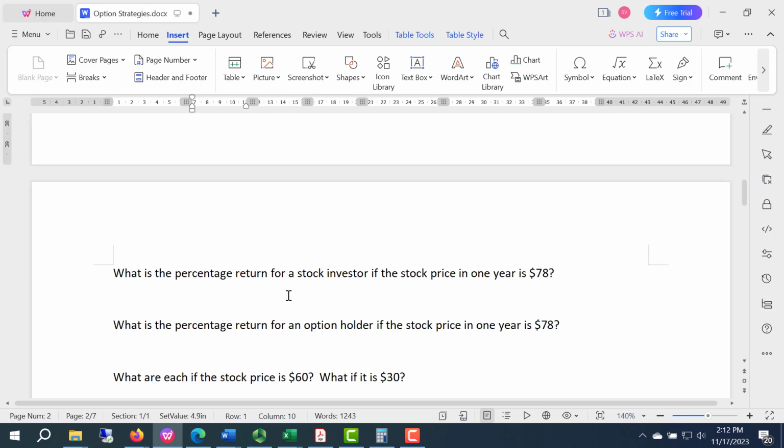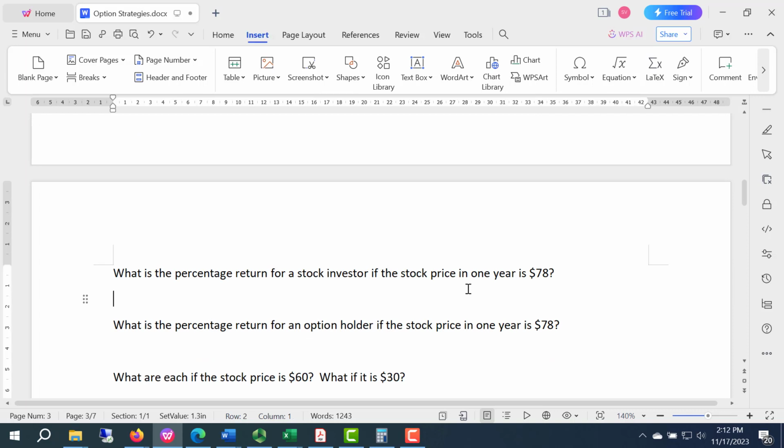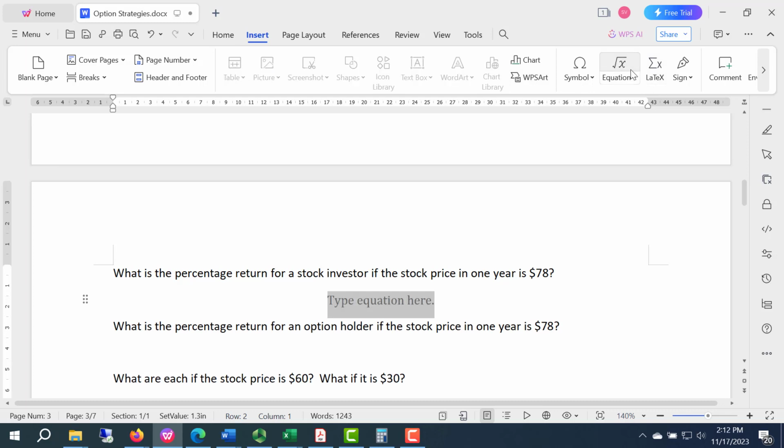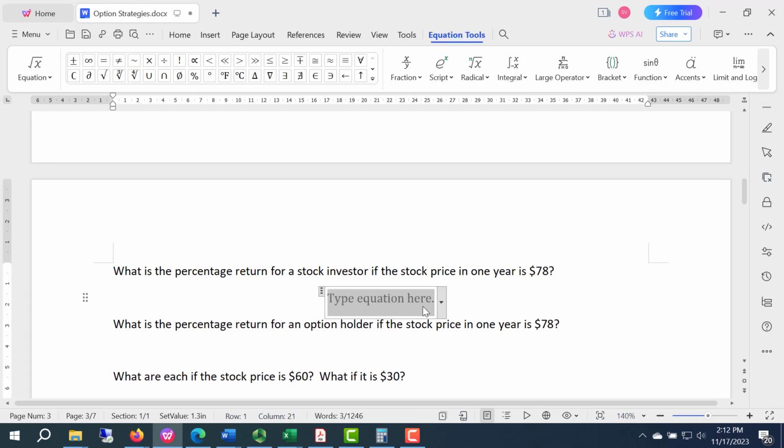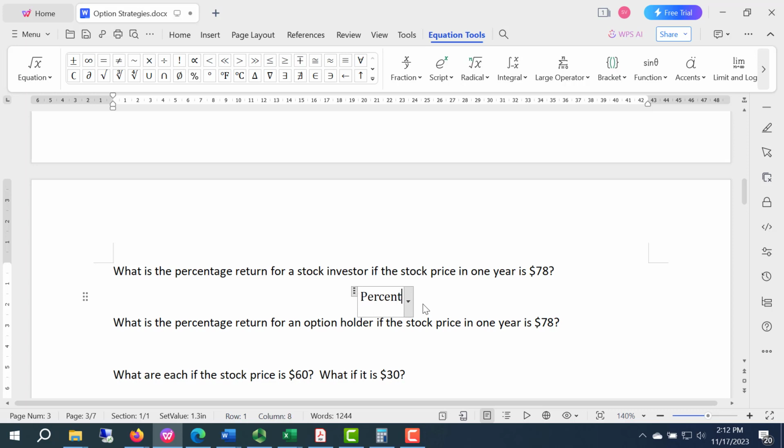So what's the percentage return for a stock investor if the stock price in 1 year is $78? To calculate this, we would take the change in the price and divide that by the original price. So the percentage return would be equal to the change in price.